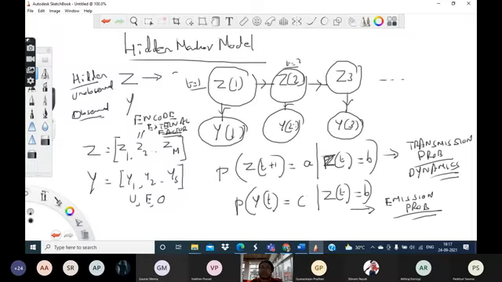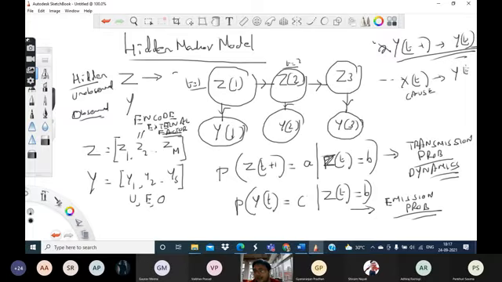So here you can again see some kind of causal relationships. It's not correct to say that Y_{t-1} is impacting Y_t. This was the assumption in the previous model, right? But in this model I am saying this is not the case. It's really Z_t which is the cause and Y_t is the effect.